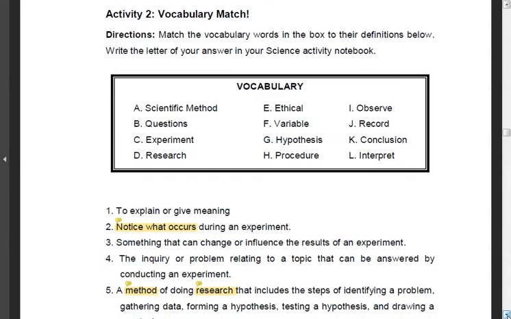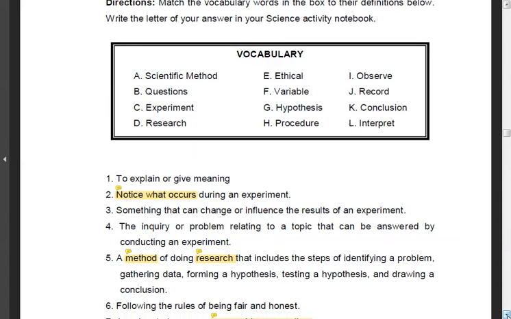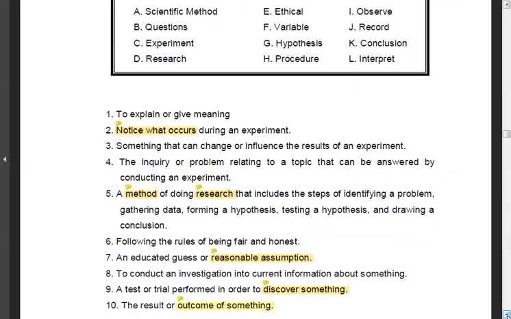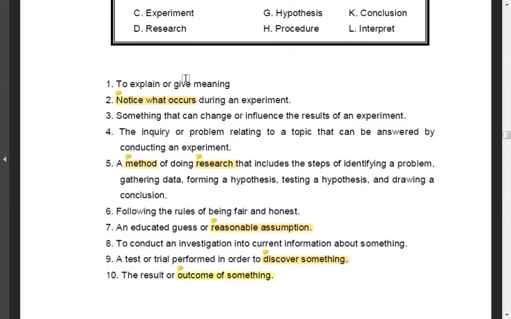You get their meanings or definitions from here. There are 10 items. You don't need to copy the question. You can just do what we did earlier in matching type: write down 1 to 10 and then the capital letter of your answer.